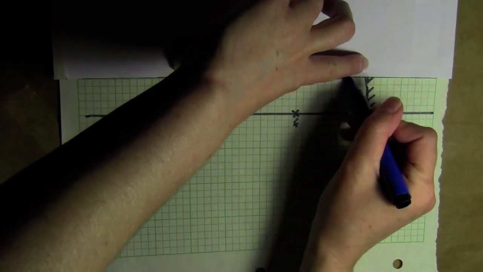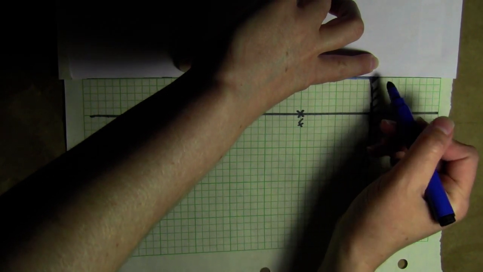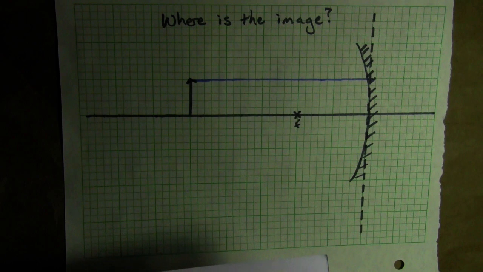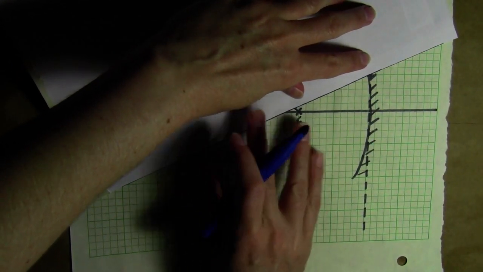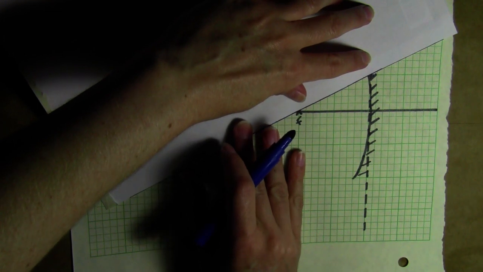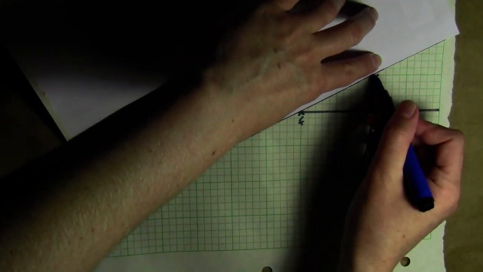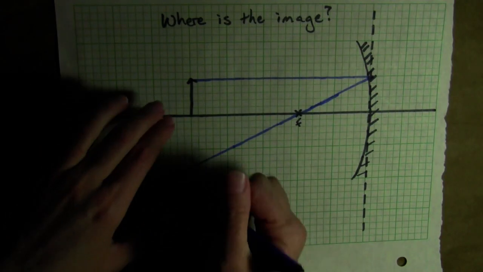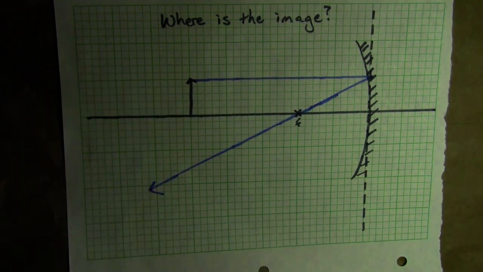So we're going to take our ray all the way to that dashed line, just so we're all on the same page. And then we know it's going to reflect through the focus. So we start where that is, and we're going to come through the focus. So there's our first light ray in our ray diagram.